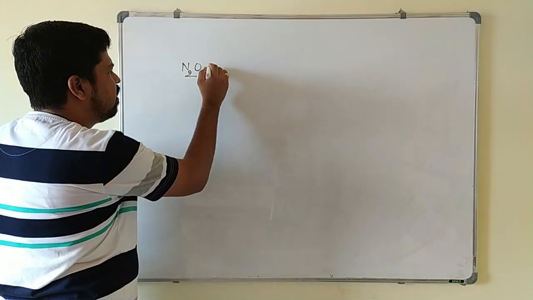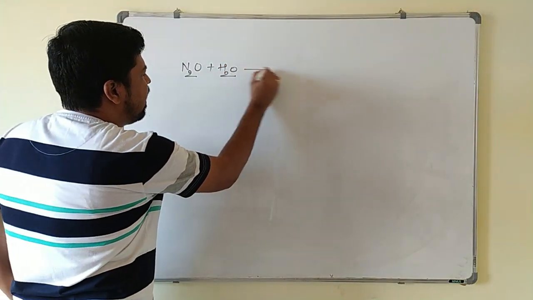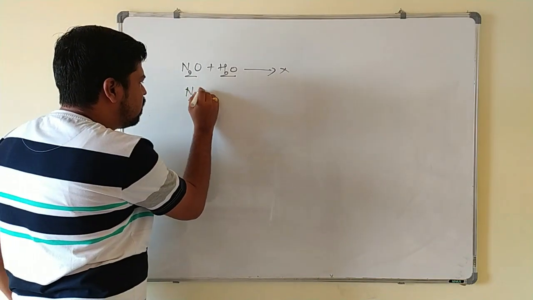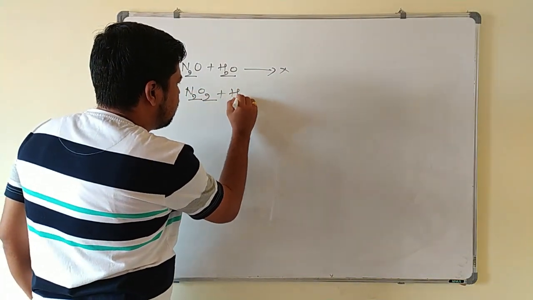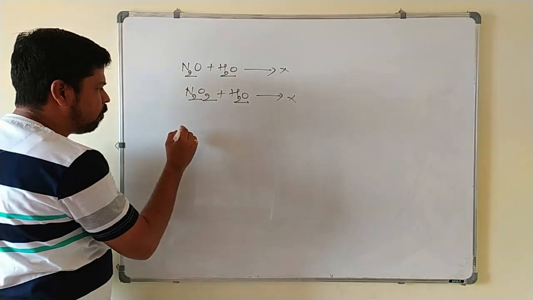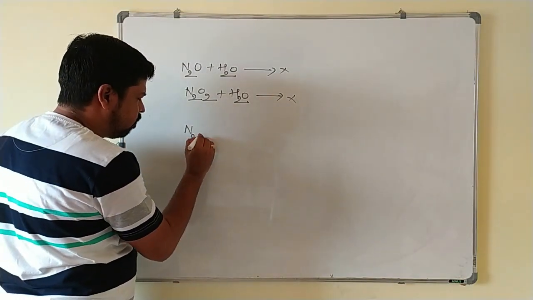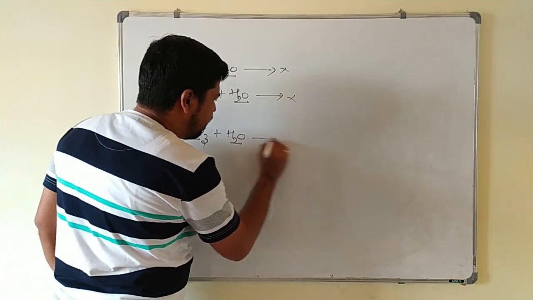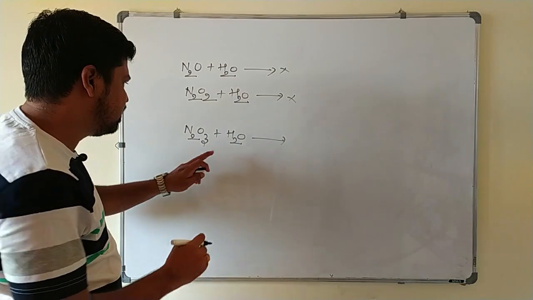N2O is a neutral oxide. It will not give any acid on reacting with water. Even NO, being neutral, will not give any oxoacid. Next, N2O3, on dissolving in water, gives nitrous acid.